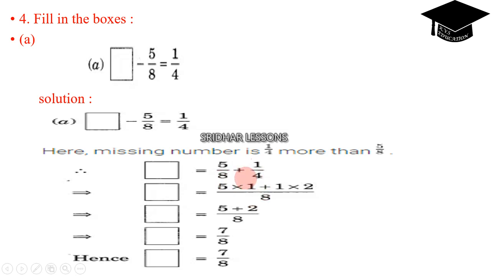That means taking 8 as LCM, 5 into 1 plus 1 into 2, because 8 is the LCM we have taken. Therefore, we have 5 plus 2 by 8, that is 7 by 8. So the blank is equal to 7 by 8.